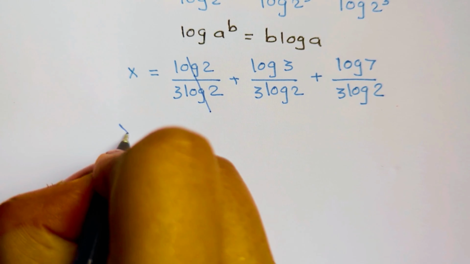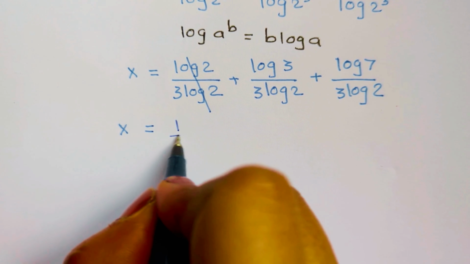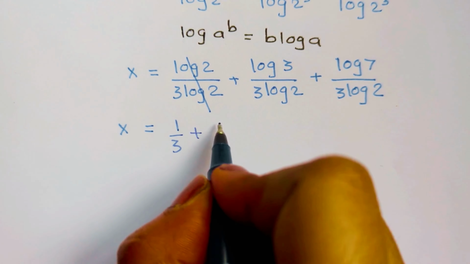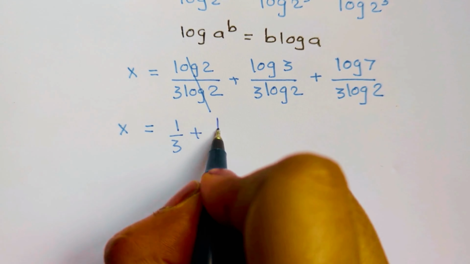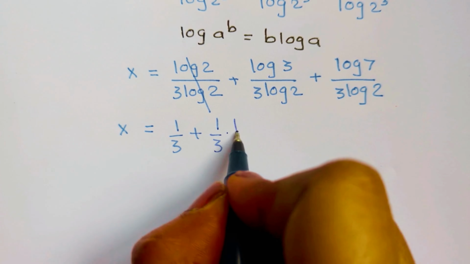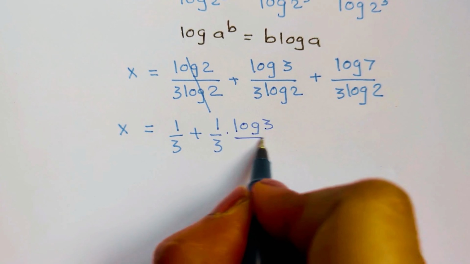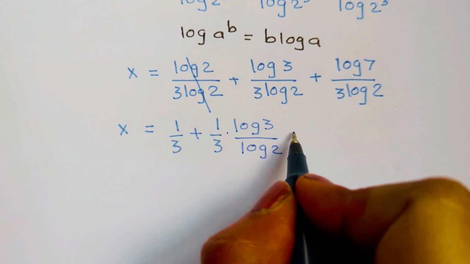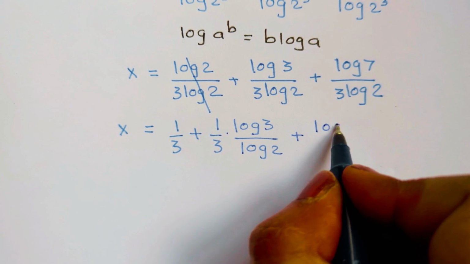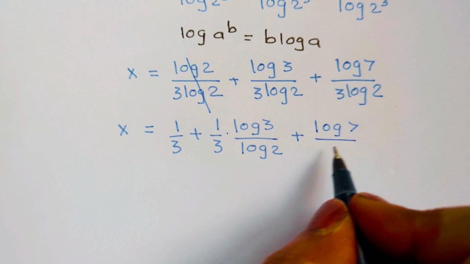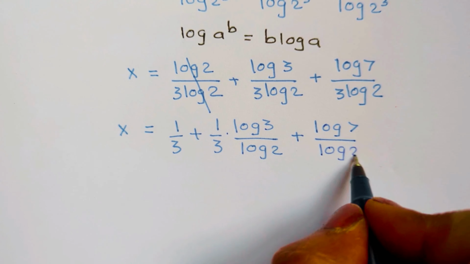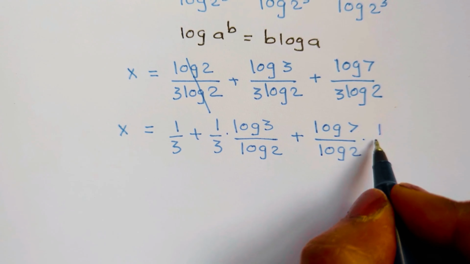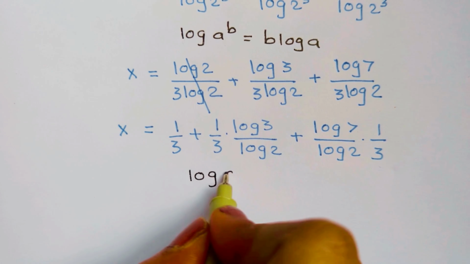Now we see log 2 has been cancelled out here. x will be 1 by 3 plus 1 by 3, we are going to keep it separate, into log 3 divided by log 2 plus log 7 divided by log 2, into 1 by 3, we are taking common this side.